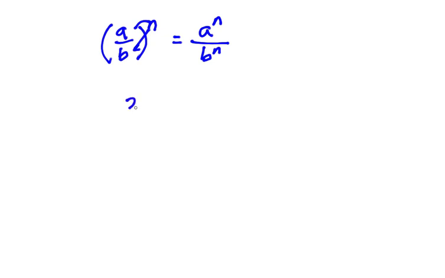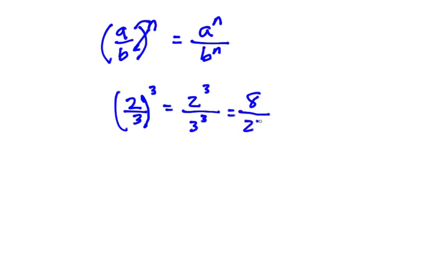In other words, a fraction like 2/3 to the power of 3 would become 2 to the power of 3 over 3 to the power of 3. 2 to the power of 3 is 8, 3 to the power of 3 is 27, so 8 over 27.